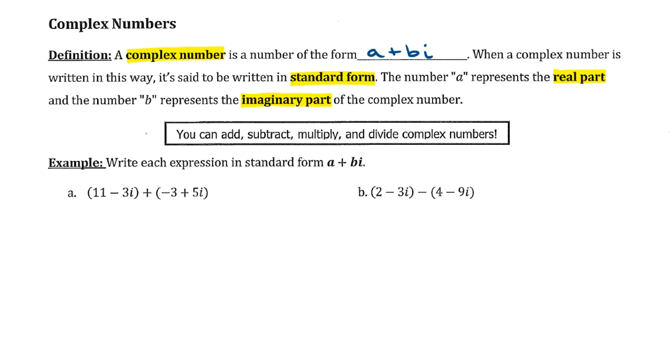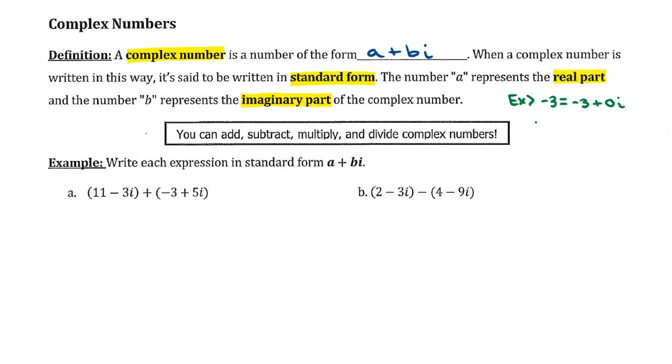I want to share something interesting with you. It turns out that every real number is a complex number. So for example, if we had the number -3, we could write that as -3 plus 0 copies of the imaginary unit i.